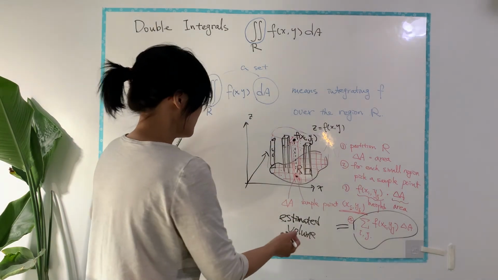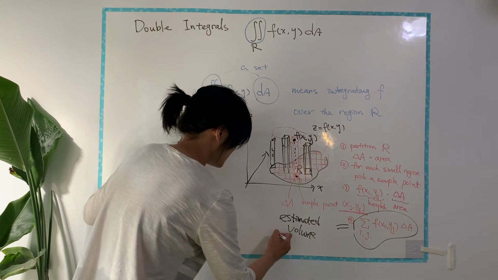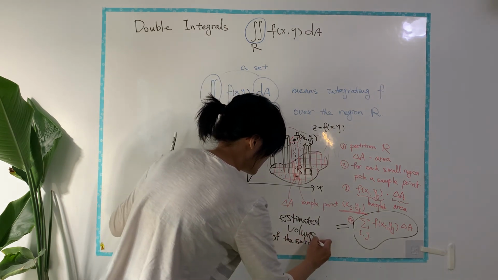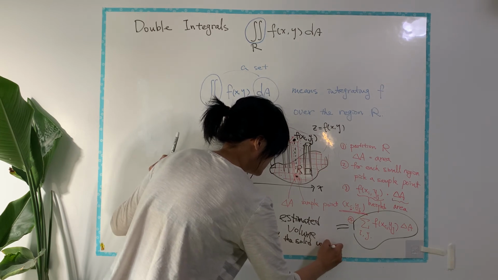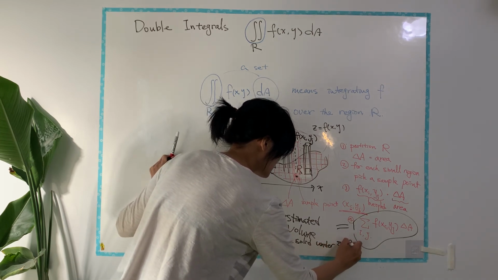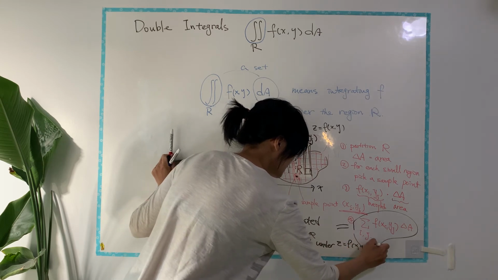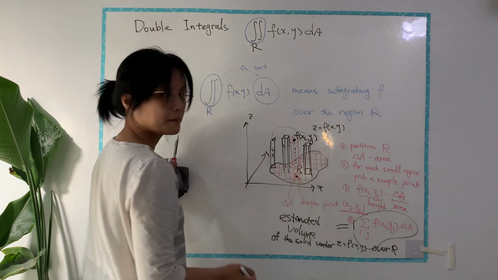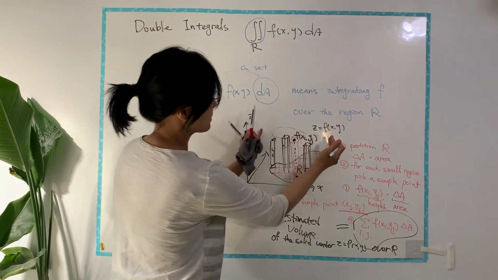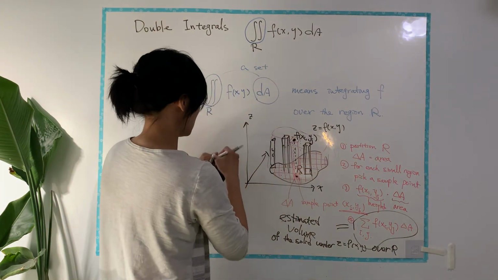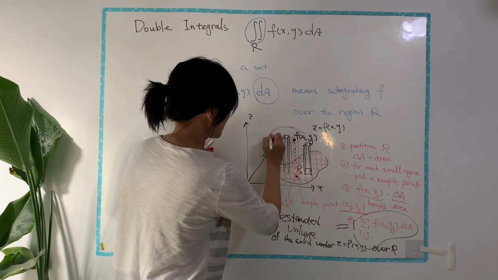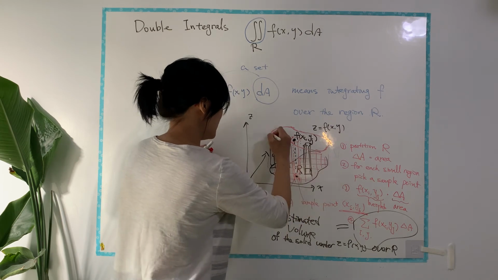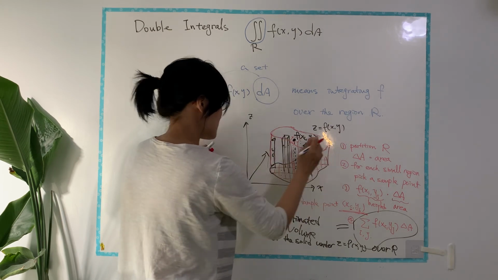Volume of what? The volume of the solid under the surface and above the region R. If I'm looking at this chunk, this is the surface over the region R, so here I get a solid.